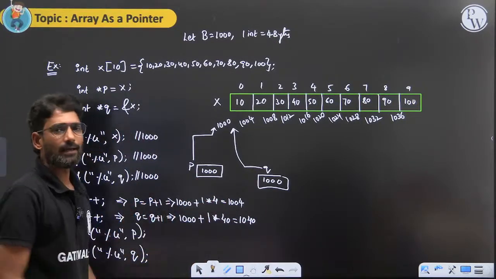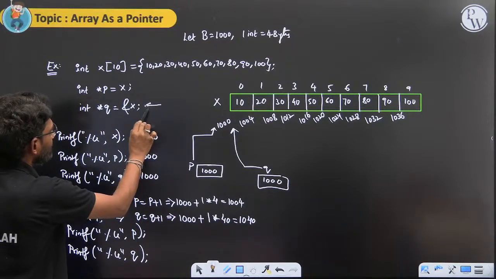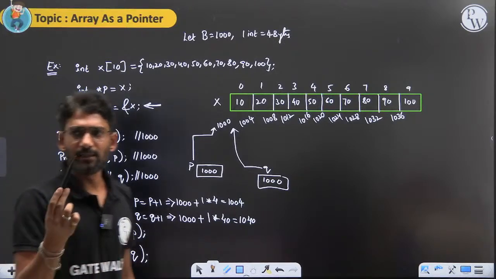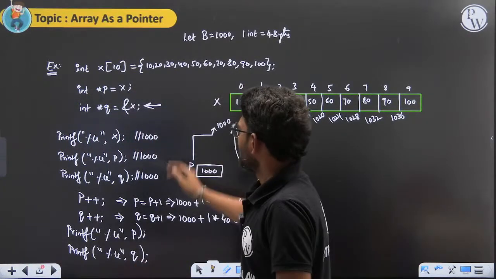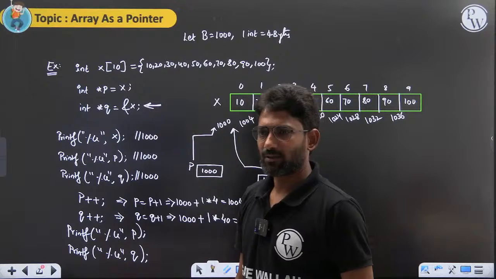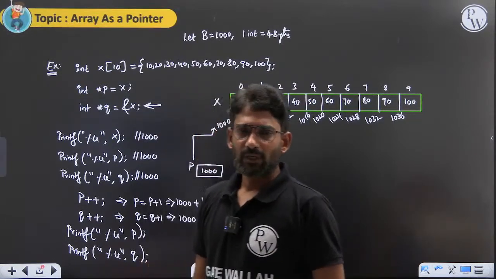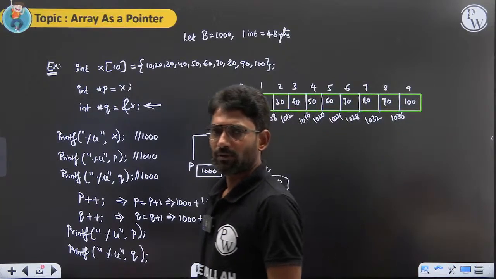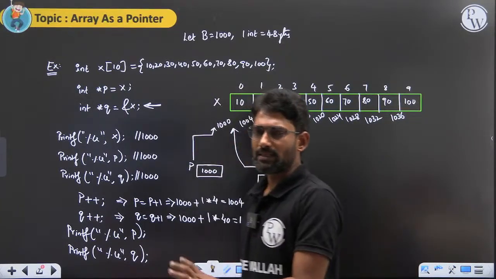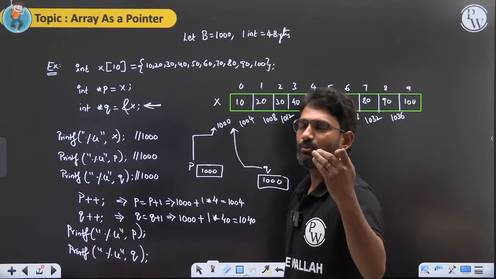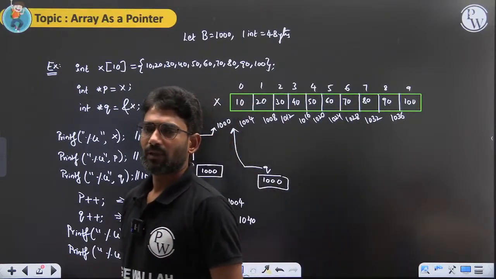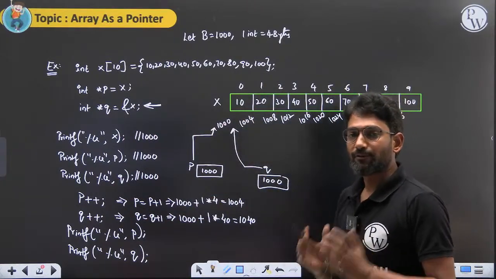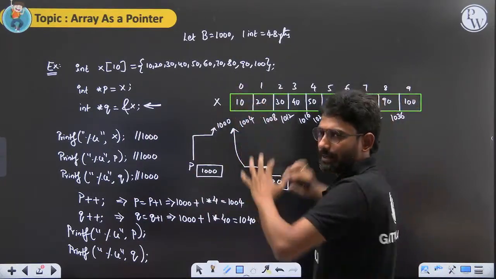Why the total array? The point is here. Look at this. You might be getting this doubt: sir, x and &x are both the same, no? x means base address and &x also means base address, no? Then how does it matter? It matters when you put it in the pointer. When you say &x, you are referring to the whole array x.